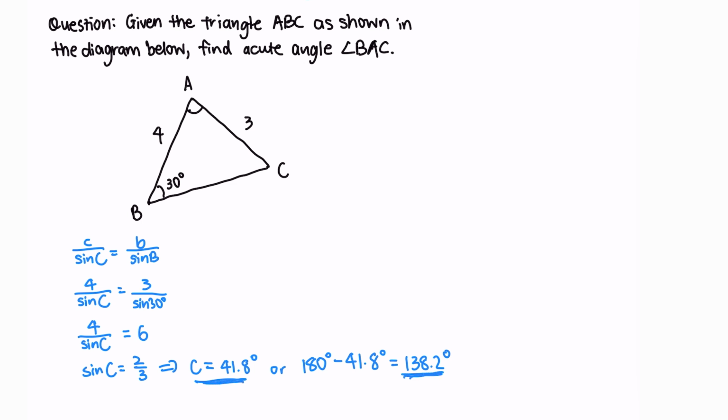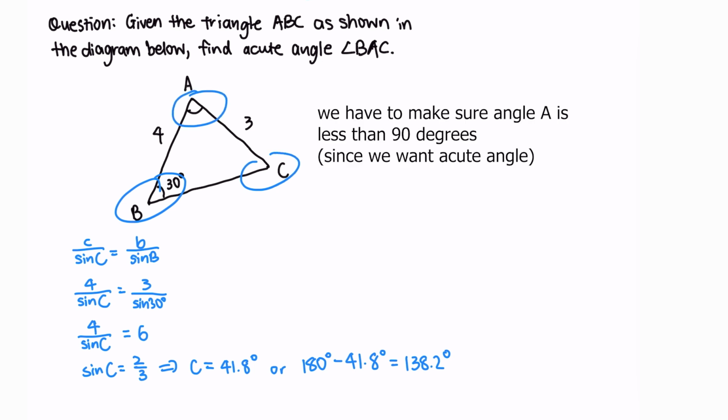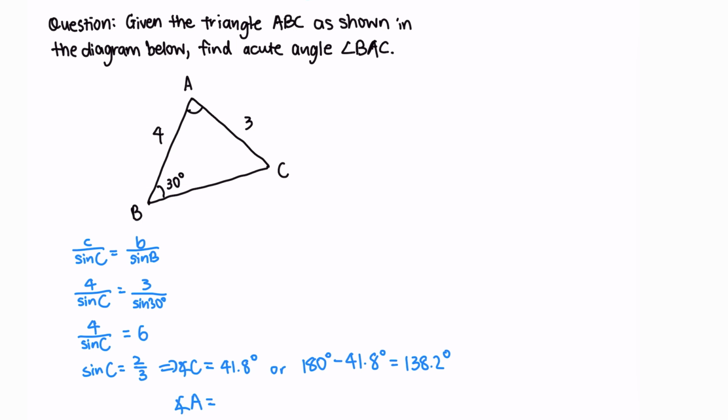Which one is correct? We want to find an acute angle BAC. And if we sum up B and C, this has to be less than 90 degrees. So if we try to find the angle A, we will see that this is 180 degrees minus 30 degrees minus 41.8 degrees, or 180 degrees minus 30 degrees minus 138.2 degrees.